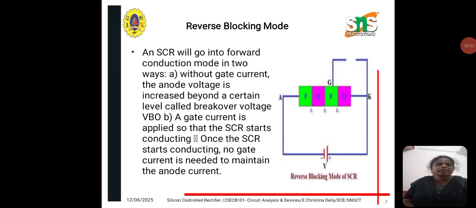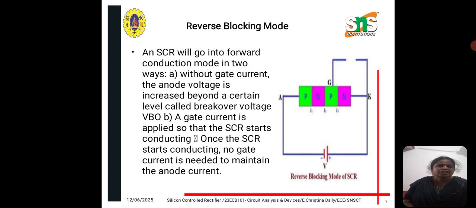The next one we are going to see is the forward conduction mode. In this forward conduction mode, an SCR will work in two ways: without gate current, and when the gate current is applied.